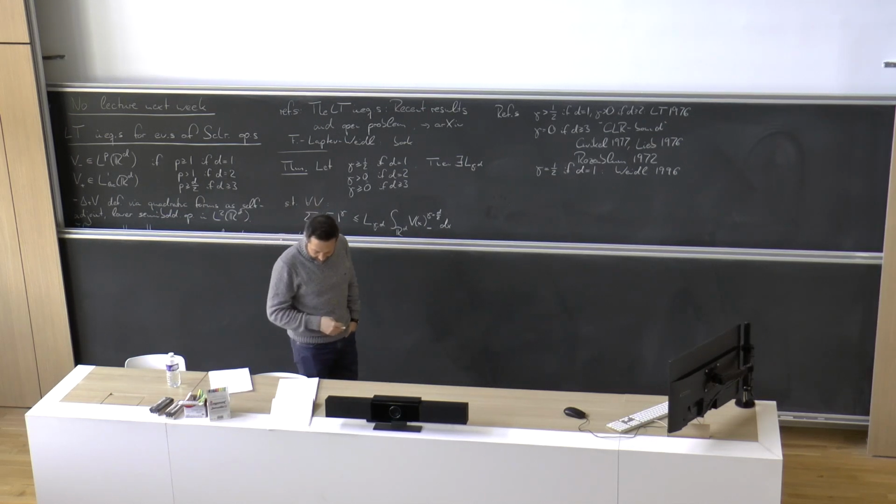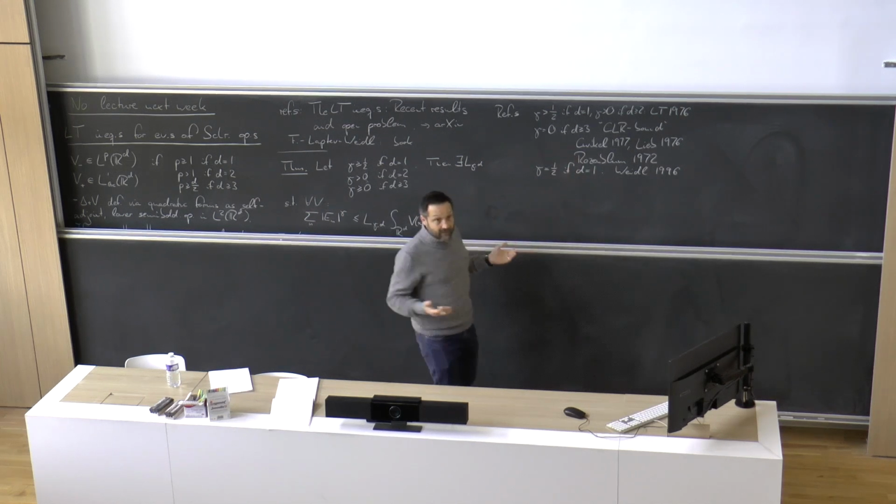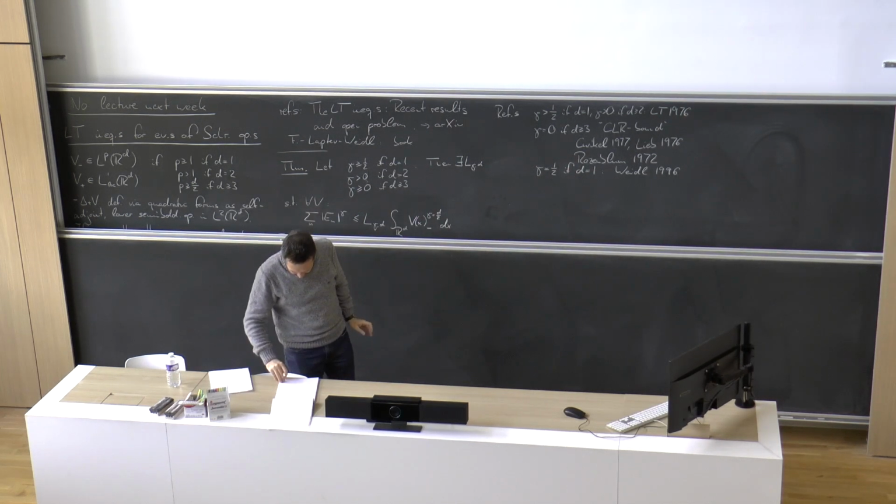Using a method that perhaps in retrospect is similar to this Rozenblum method, and actually if you combine these two things, then you can get a proof for everything.